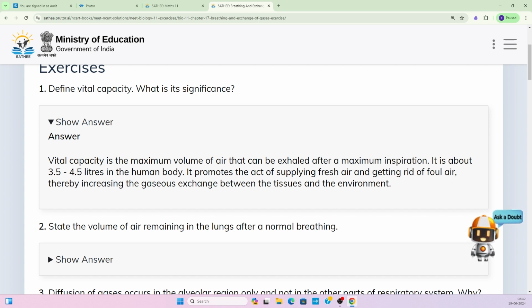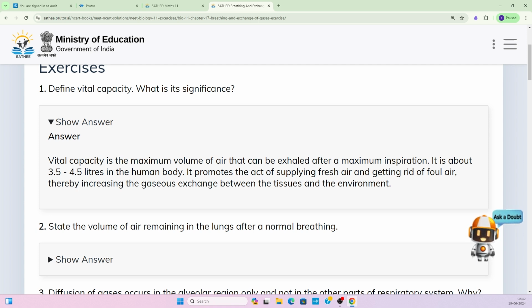It is about 3.5 to 4.5 liters in the human body. So this is an estimate of how much is the maximum volume of air exhaled after the maximum inspiration.